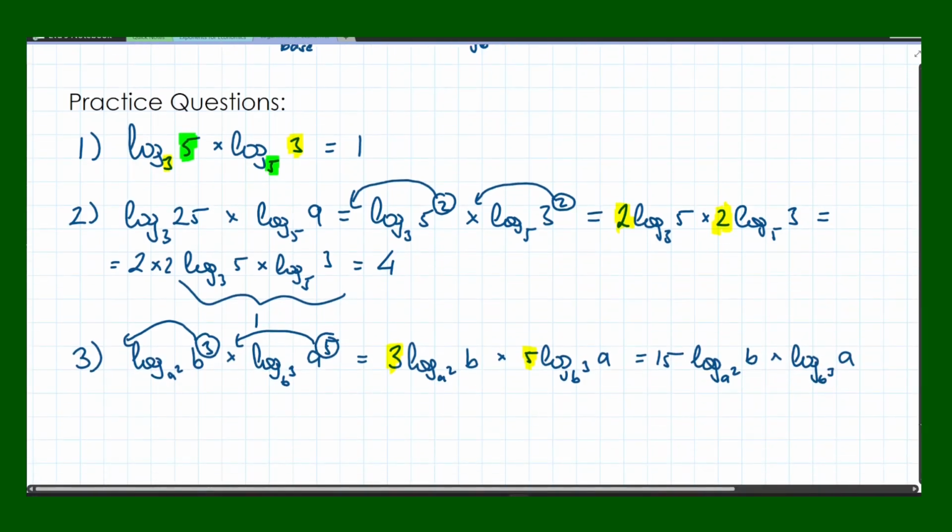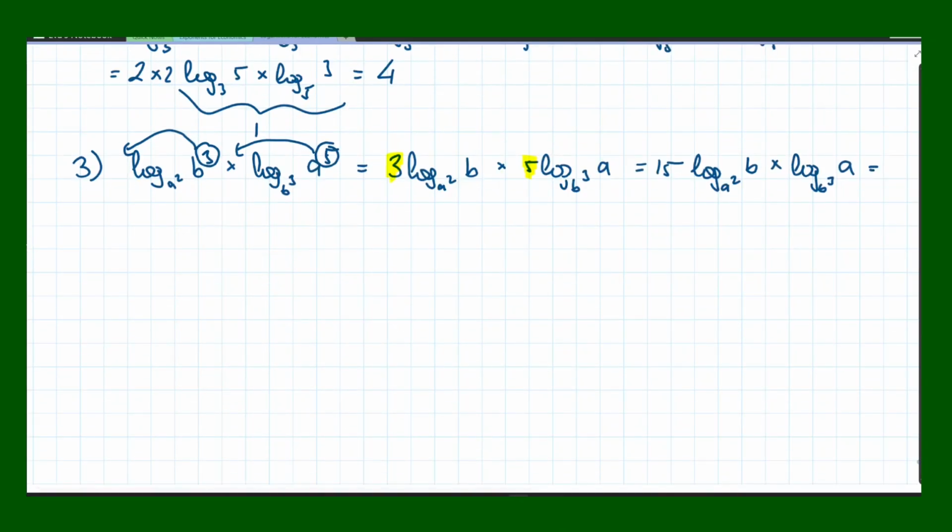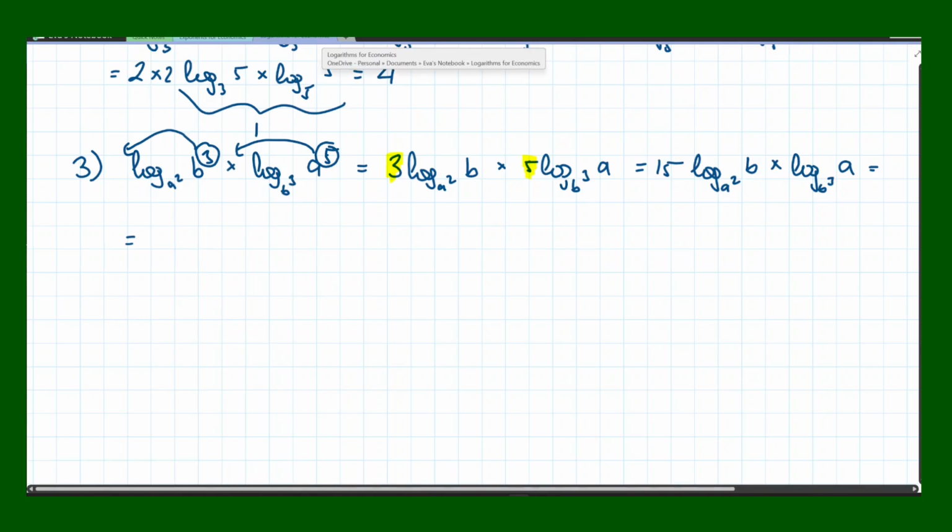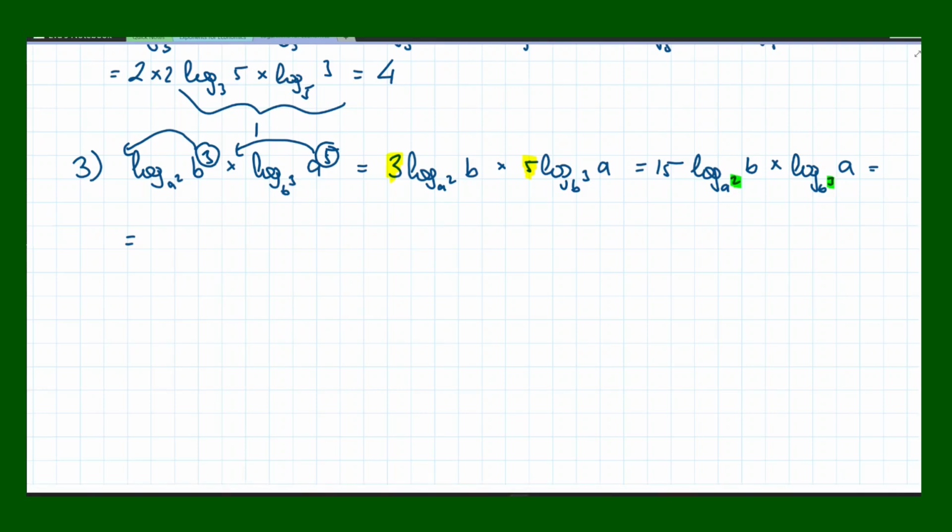Again, make a bit more space and carry on with our calculation. What we also got here is exponents in the base. So I can't really apply my rules straight away because I don't have a squared in the second argument and I don't have b cubed in the first argument.